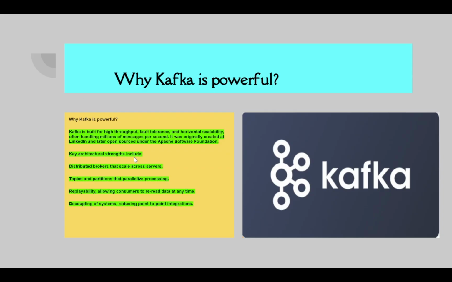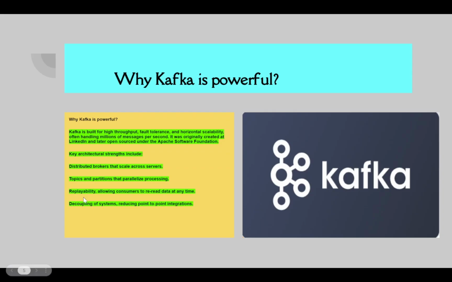Key architectural strengths of Kafka include: distributed brokers that scale across servers, so you can distribute the events across the servers. Topics and partitions that parallelize processing: you can create multiple topics, and a single topic can have multiple partitions.